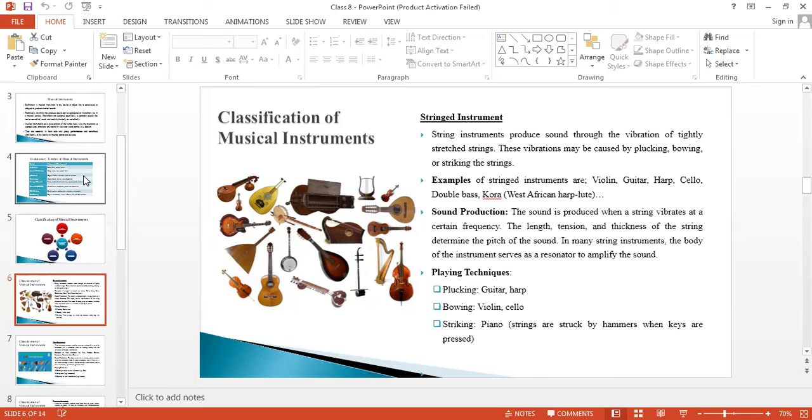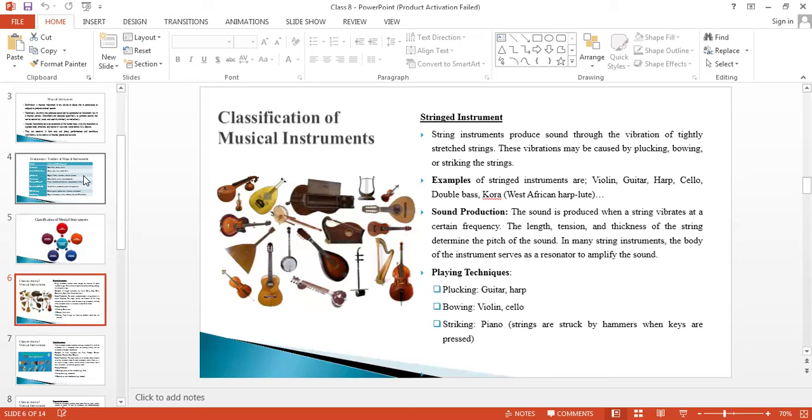These produce sounds when a string vibrates at a certain frequency. The playing technique comes by plucking, which is for guitar and harp, bowing, which is for violin and cello, and striking, which is for piano, where strings are struck by hammers when keys are pressed.